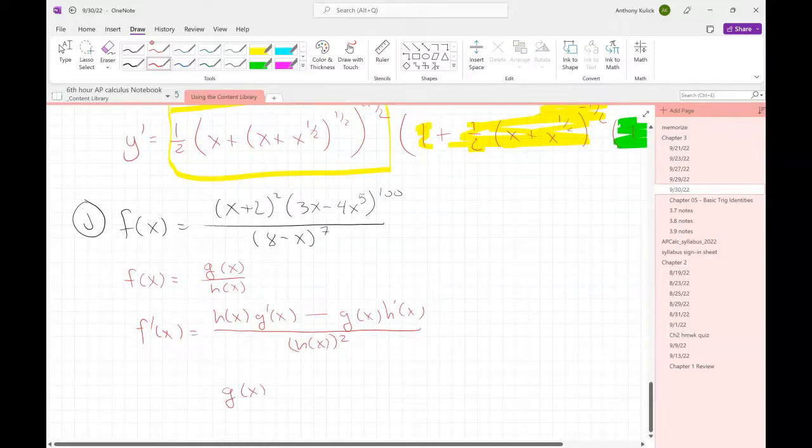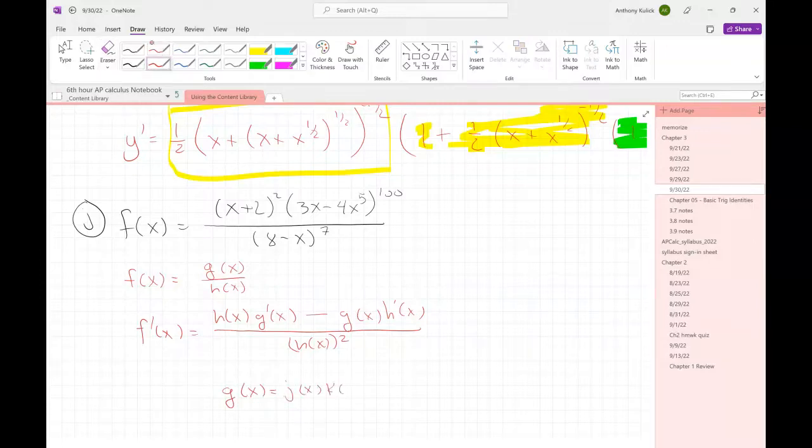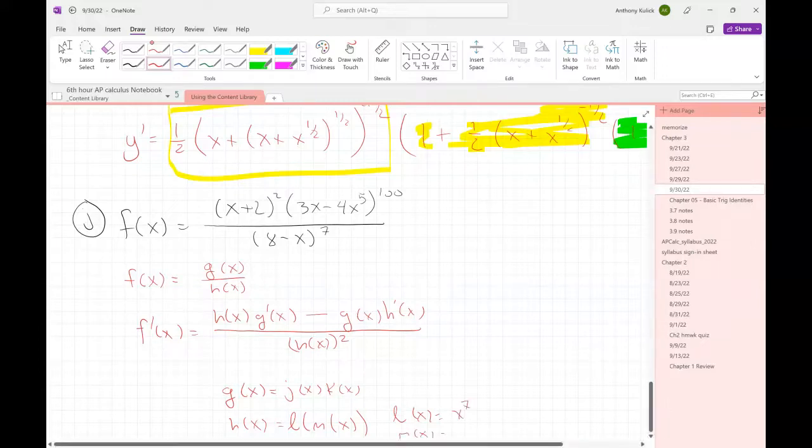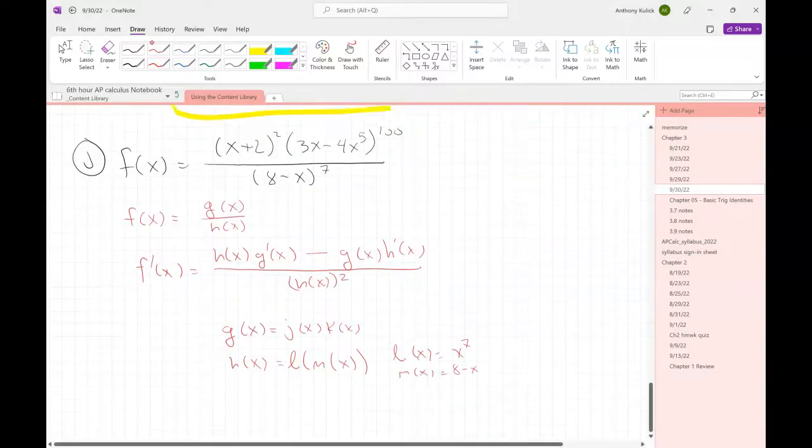But g of x, we're going to think about as j of x times k of x. And h of x, we're going to think about as j k L of m of x, where L of x is x to the 7th, and m of x is 8 minus x.